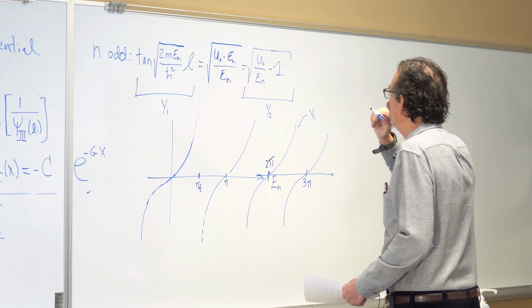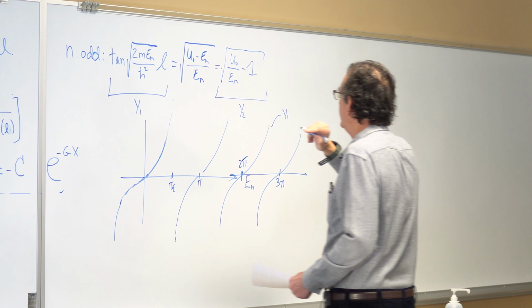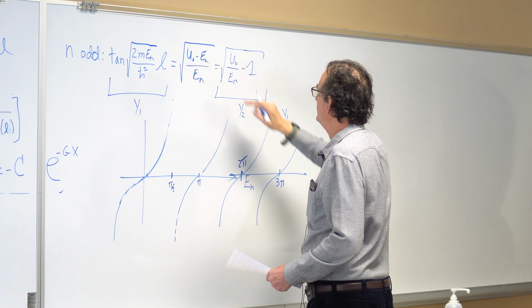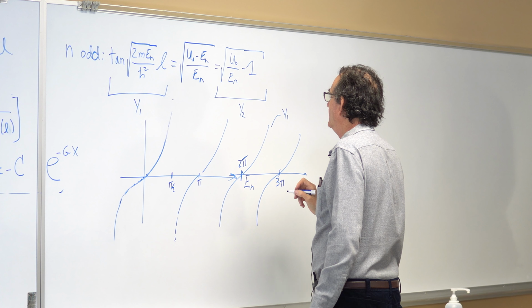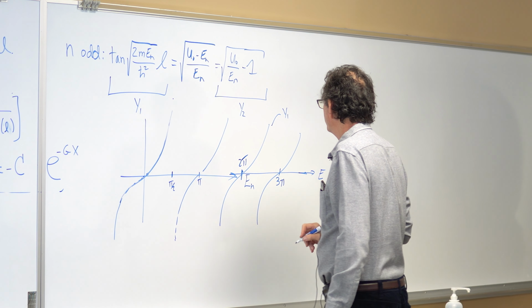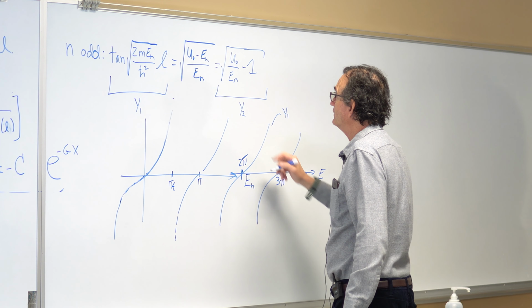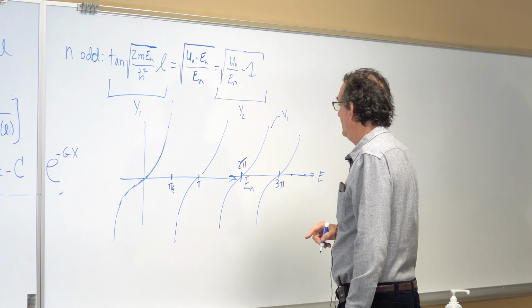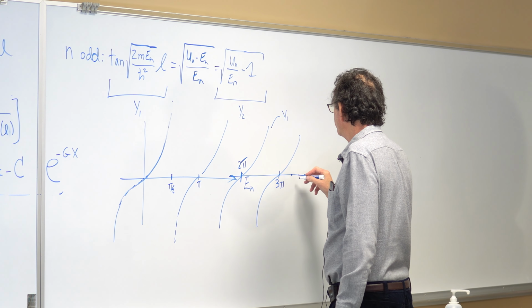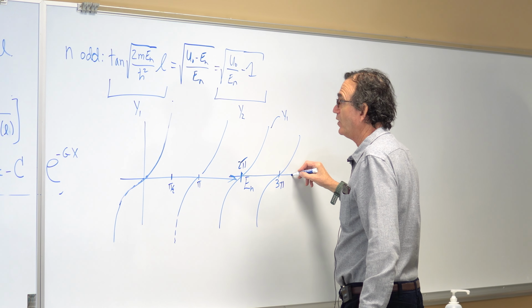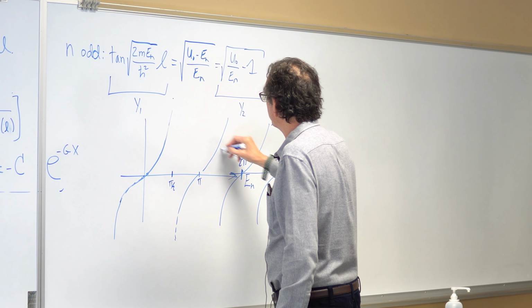On this side, I have a function which goes to 0 when E is equal to U0, and at very, very small values of E sub n or E, this thing becomes infinite, right? So the second curve, y2, does something that goes up like this.